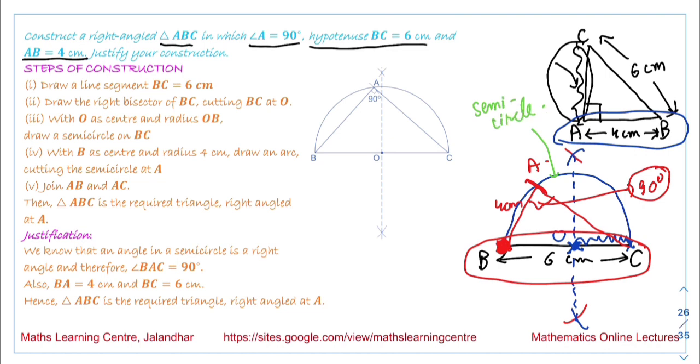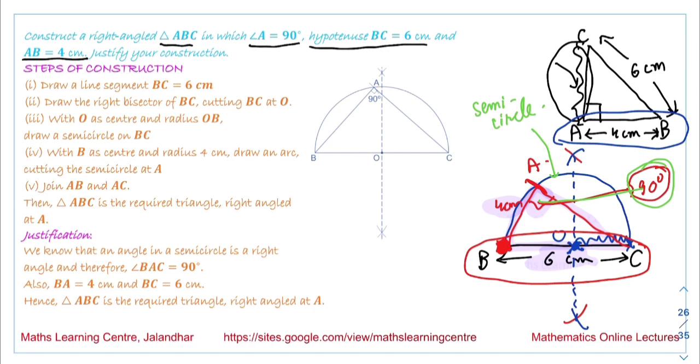So this triangle BCA is a right angled triangle in which this side is 4 centimeter, this is 6 centimeter, and this angle over here is 90 degrees.